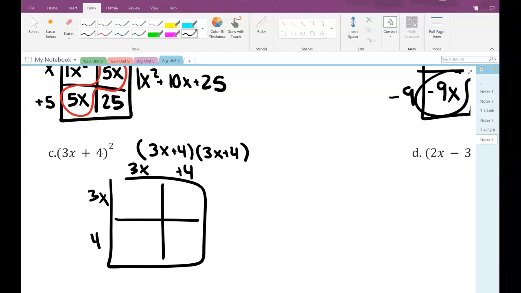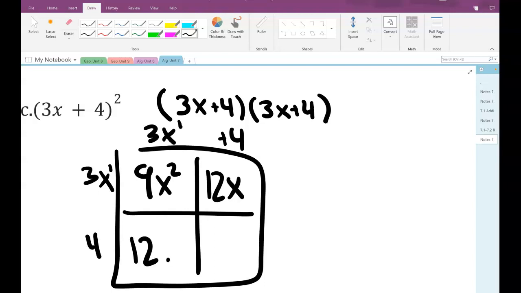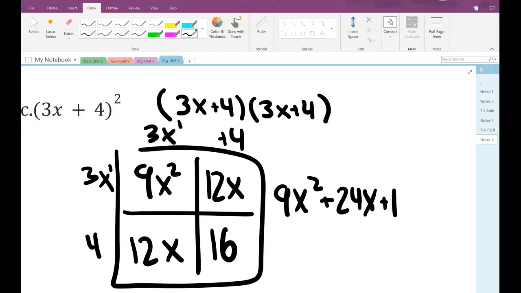So 3x times 3x, you multiply your coefficients, 3 times 3 is 9, and then you add the powers on your variable, so x times x is x squared. So in our top box, we have 9x squared. Then we have a 12x, 12x, and then 16. So our final answer is 9x squared plus 24x plus 16.